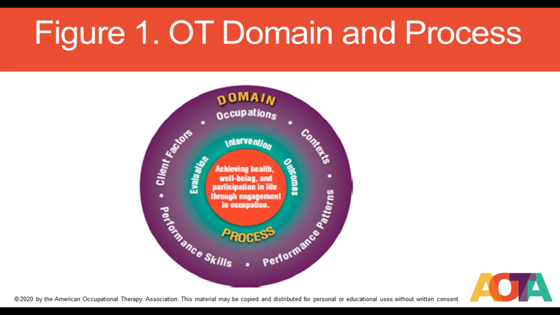The nature of these interactions is impossible to capture in a static, one-dimensional image. So the simplified figure gives a visual representation of all aspects of the domain and process. Next, Liz Metzger will discuss the first part of the domain section, which is occupation.